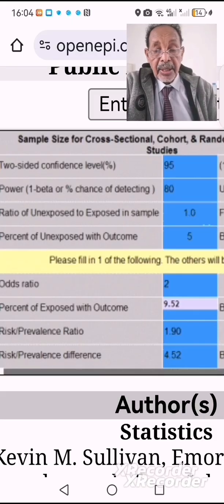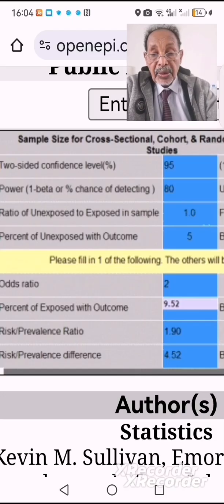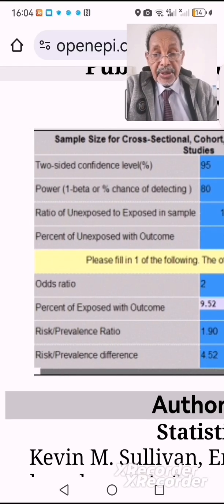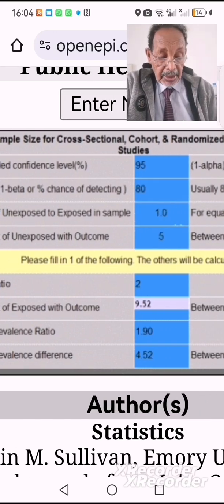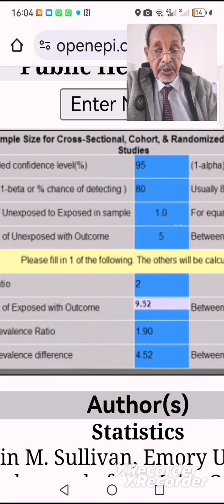And we have to insert also the percentage of unexposed, the routine dressing. What is it? We want this percentage, let us say 45%.